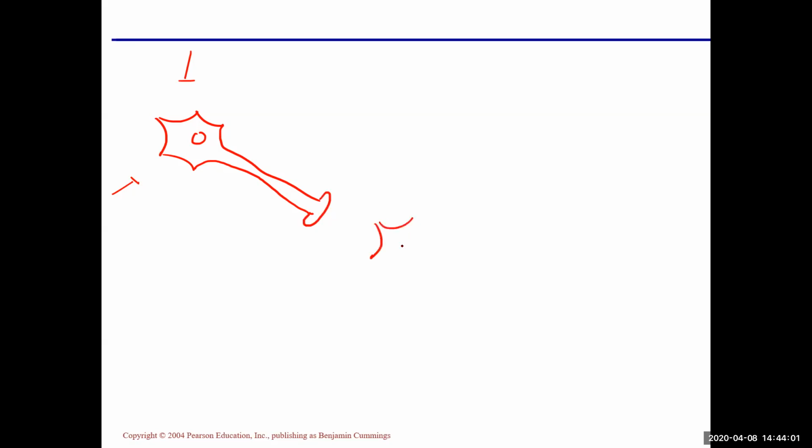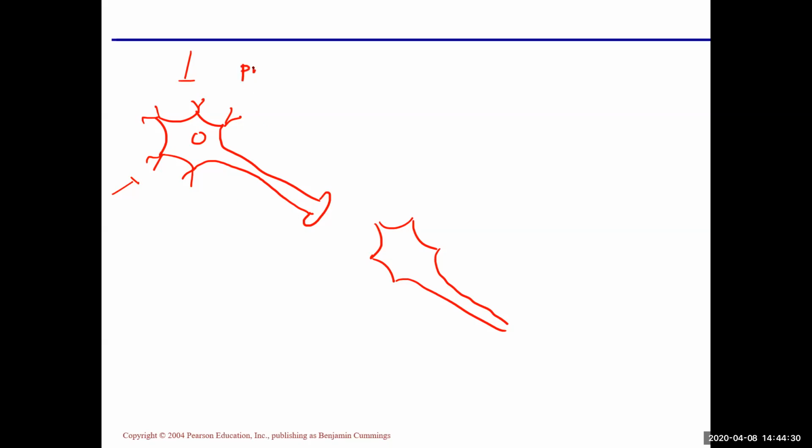And these are the nerves. The first neuron that triggers the action potential is usually referred to as the presynaptic neuron.